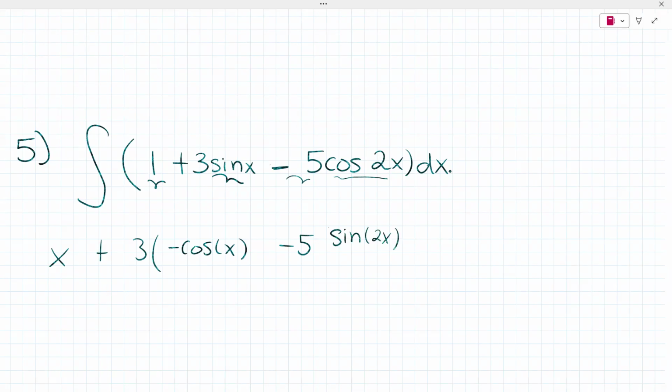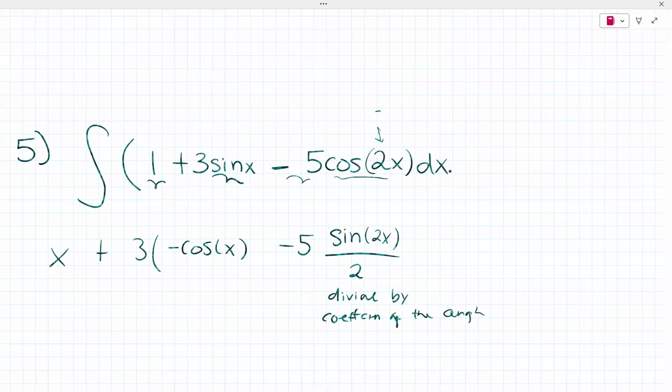And then you divide it by whatever is inside here. So that's just the 2. So this 2 stays at the bottom. So basically you divide by the coefficient of the angle.